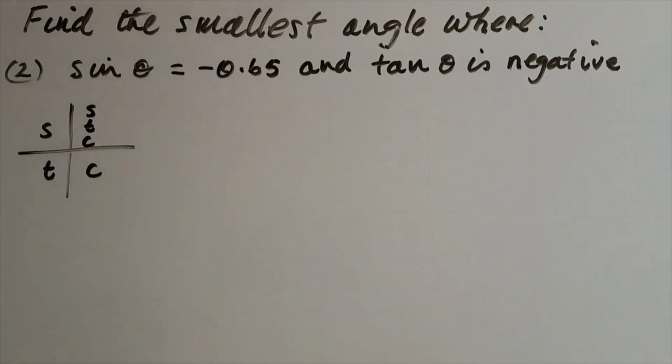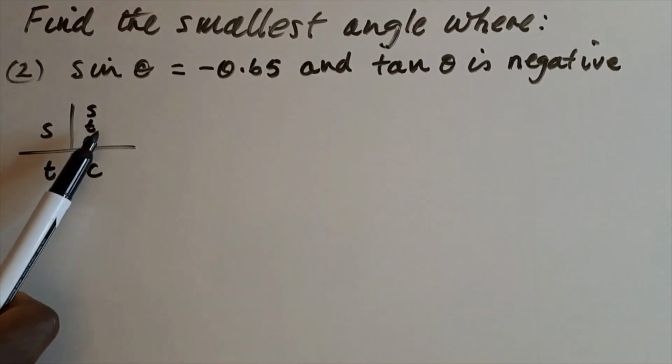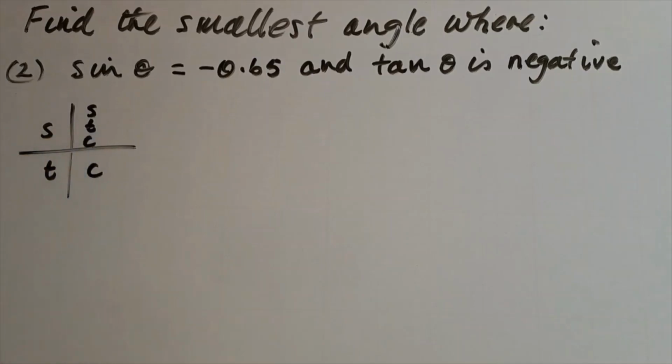Here we are again. Find the smallest angle where sine theta is minus 0.65 and tan theta is negative. It cannot be in the first quadrant because all are positive. Sine is positive in this quadrant, so it cannot be in this quadrant. And it cannot be in this quadrant because tan theta is negative.